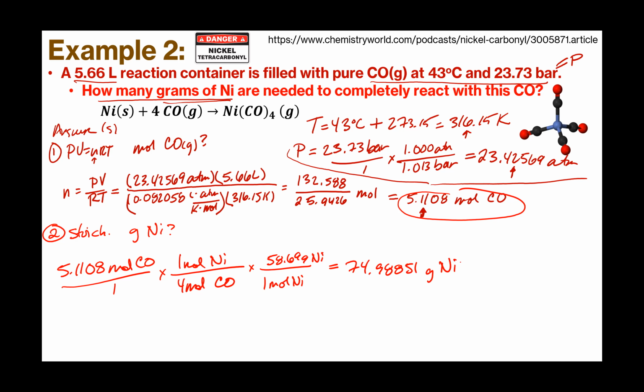The moles is 3 significant figures. So 3 significant figures is 75.0 grams of nickel. Okay. Cool, cool, cool. So these are the 2 main ways we have. Either it's going to be stoichiometry first and then PV equals nRT, or PV equals nRT and then stoichiometry. The problem will let you know which.